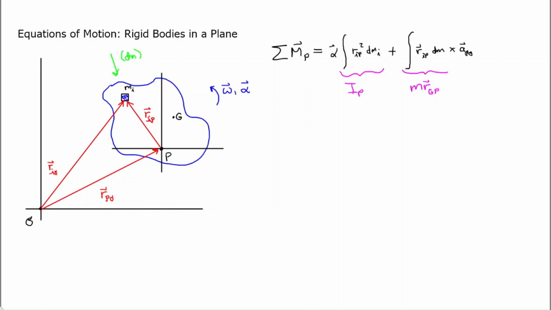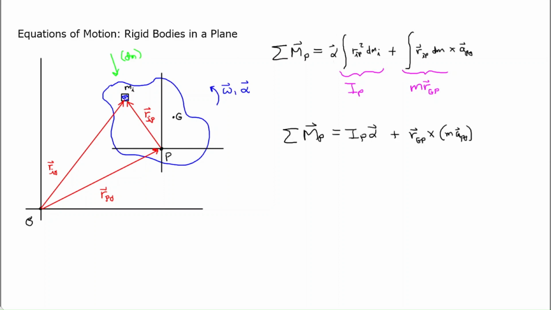Look up your definitions for the coordinates of a centroid in terms of an integral, and I think you'll see that. So next, let's rewrite our equation containing these new results.